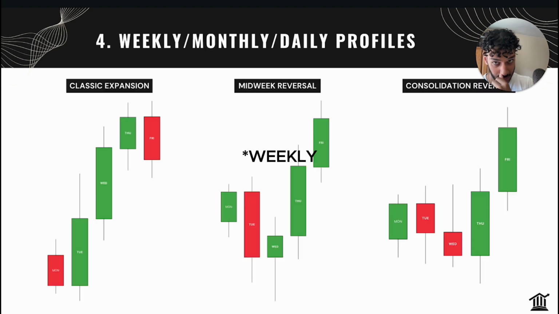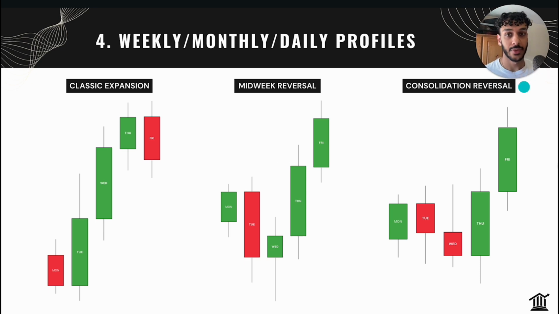Now with regards to the monthly, we have three different profiles. We have the classic expansion, we have the midweek reversal, and we have the consolidation reversal. Now there are more profiles than this. These are just the three that I personally use, but being able to use this really does help understand where price is likely to expand to. So for example, let's say we're in a buy program.